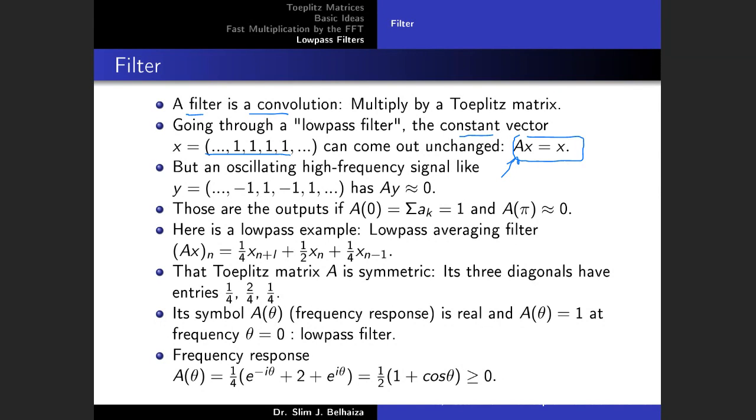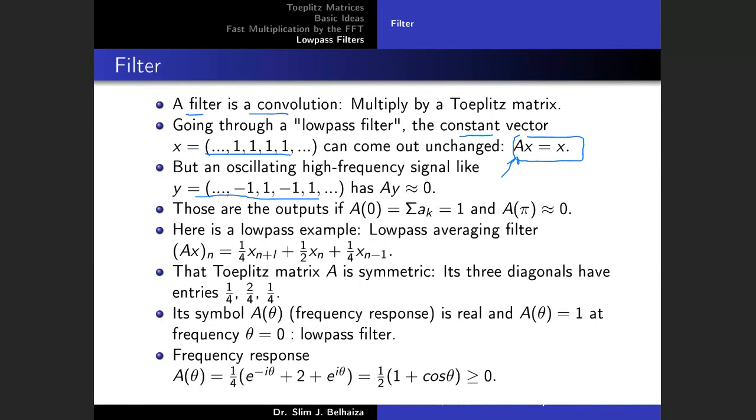But an oscillating high frequency signal of the following kind, where you have 1, minus 1, 1, minus 1, has A times y approximately equal to 0. Those are the outputs if A(0) is equal to the sum of the a_k, which is equal to 1, and A(pi) is almost 0.